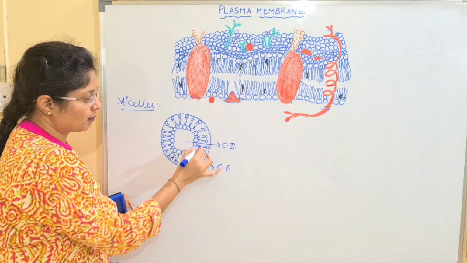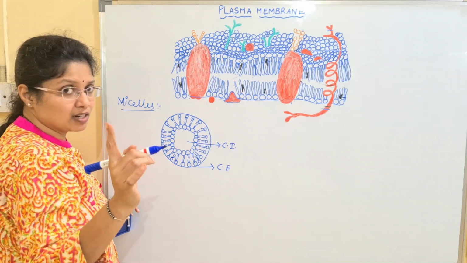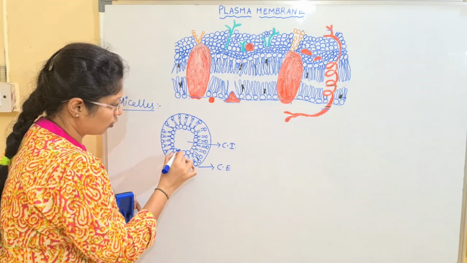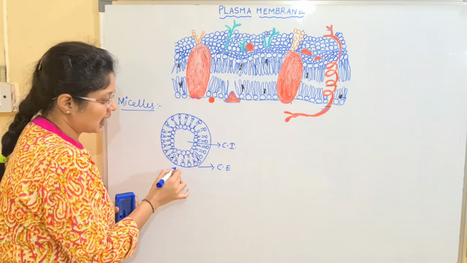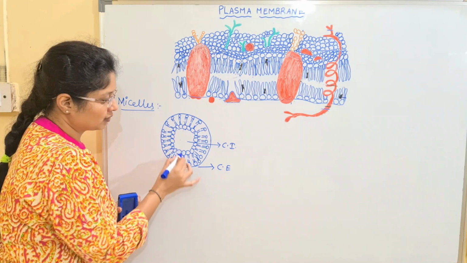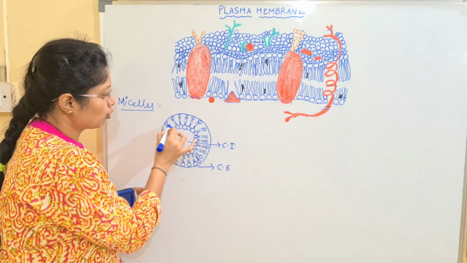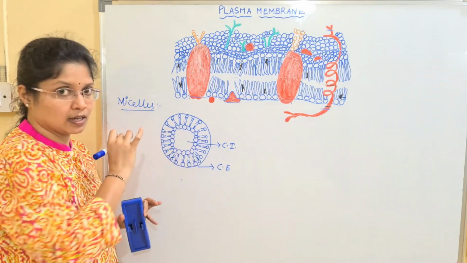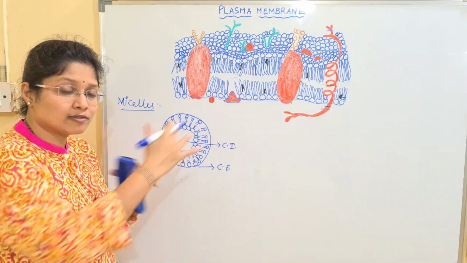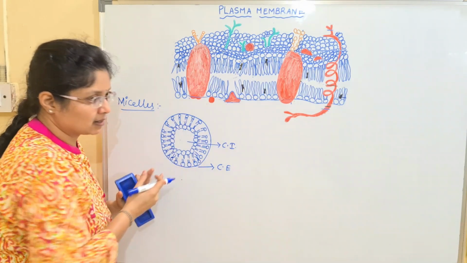So this is the hydrophobic core region, and this is the polar region. So the polar region will be on both sides. On the inner side of the cytoplasmic phase, the inner side of the cell, and the outer side of the cell, you will have the polar surfaces which are exposed. And what is present in the core, in the center, is the hydrophobic tail region. So this is how the molecules will be assembled, and they will form a spherical structure.